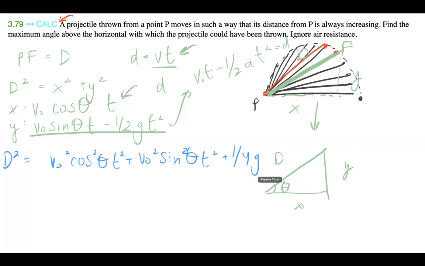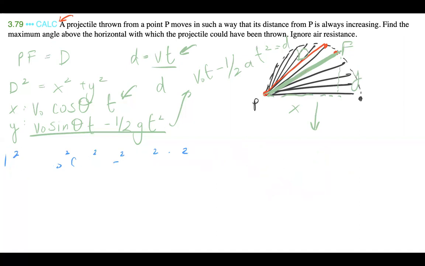Oh, actually, let me just rewrite that all out. Let me just erase this, and I'll draw this a little bit smaller in the top corner right here.